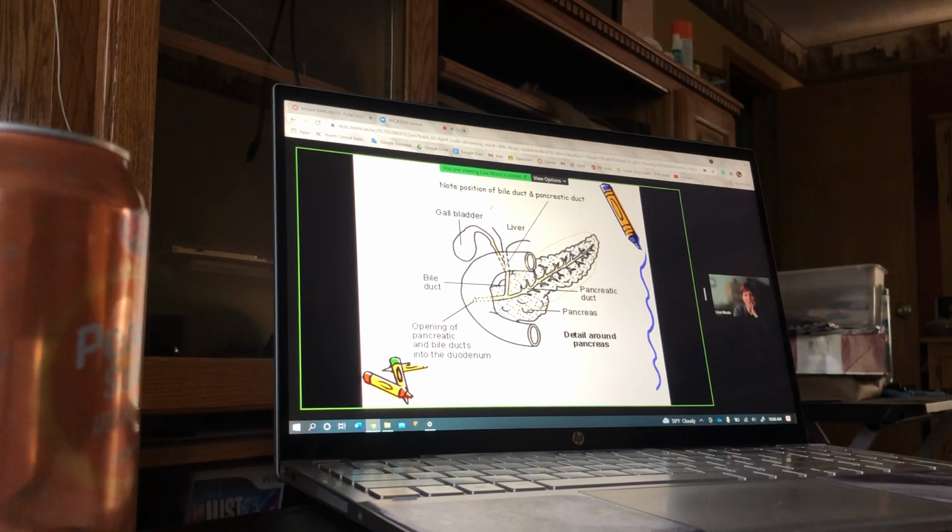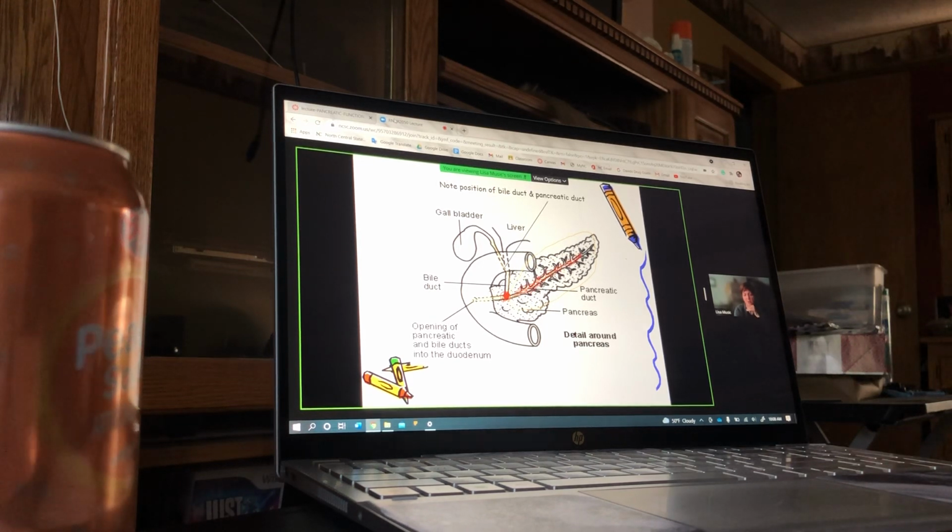Well, unfortunately, what if we would have a big gallstone right here? Okay. Now what happens to our digestive enzymes that are trying to come out and be excreted from the pancreas? They get backed up in here, and so it causes us all kinds of problems with the pancreas.